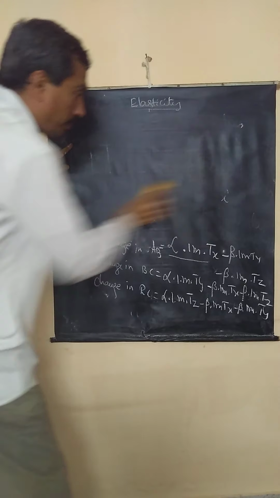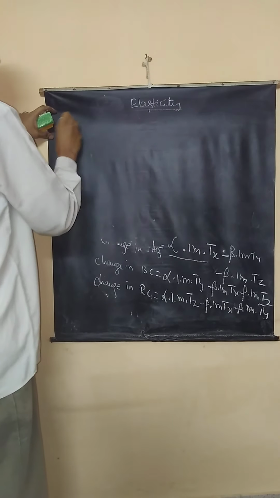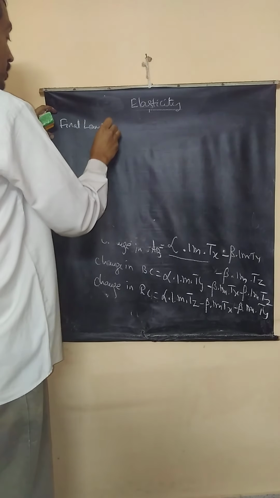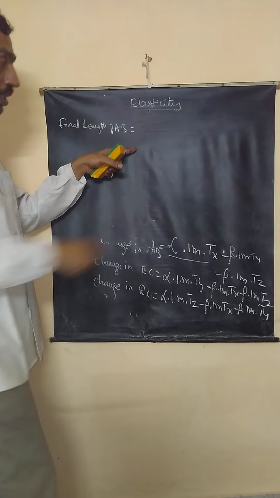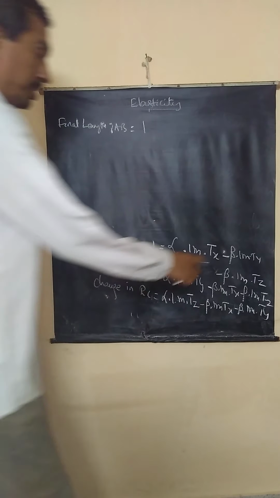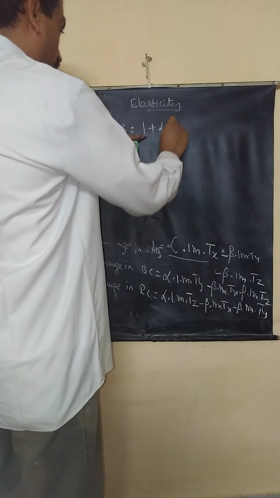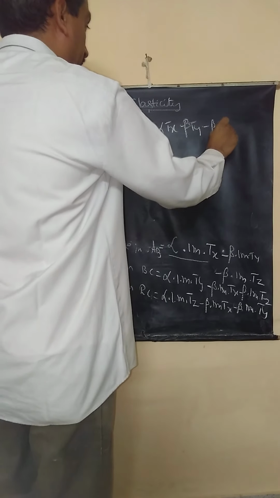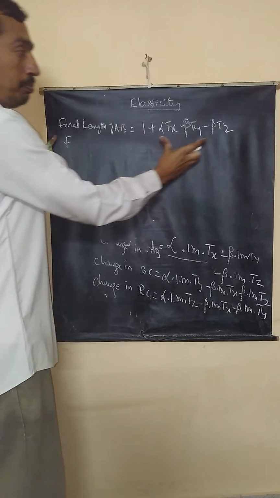Here, what is the final length of AB? Its original length was 1 meter, correct? The change is this, therefore 1 plus alpha Tx minus beta Ty minus beta Tz. This is the final length: initial length plus change.